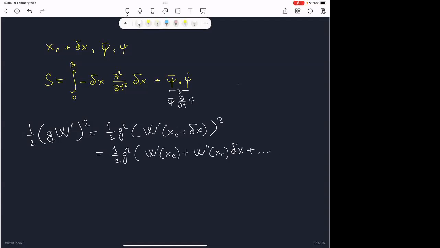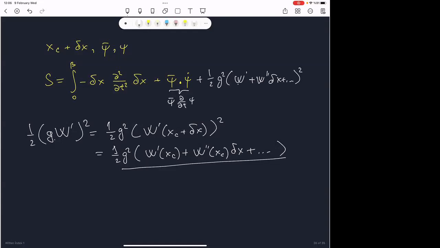I don't need all the other terms, because then it will be delta X squared, and the square of delta X squared will give delta X to the fourth, and this is not Gaussian anymore. You see, I need to plug this term here. So let me write 1/2 G squared, W prime at X critical plus W double prime delta X and so on, squared.